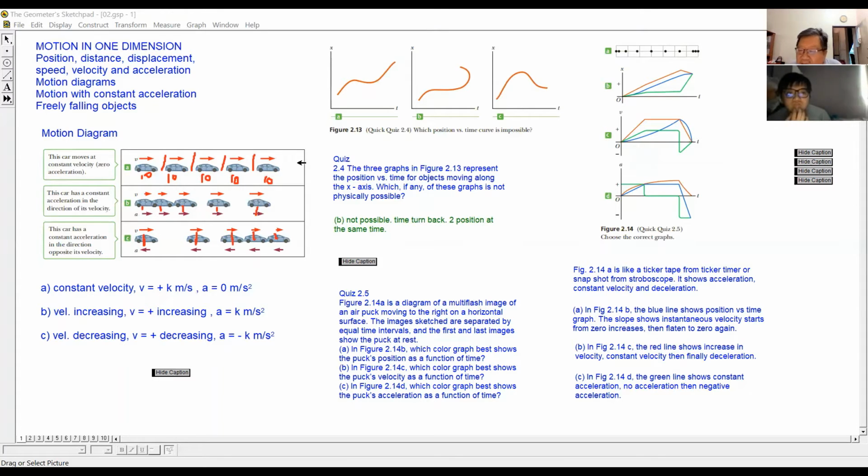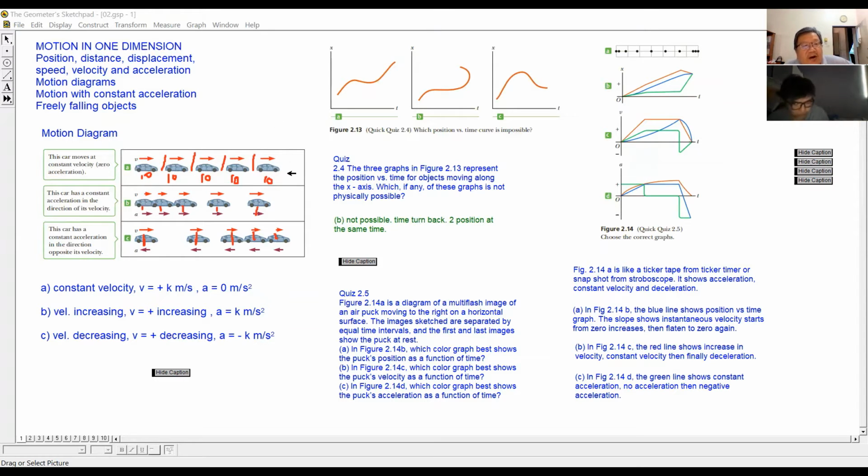Is it constant, increasing, or decreasing? Constant, because all the time it is 10 meters in 1 second, 10 meters per second. So equal spacing means the velocity is constant.